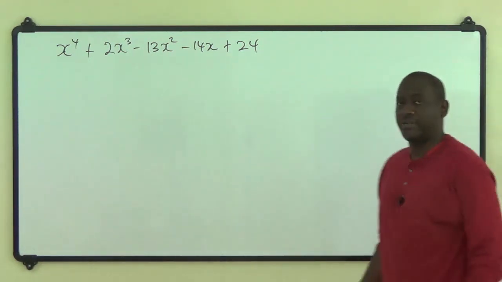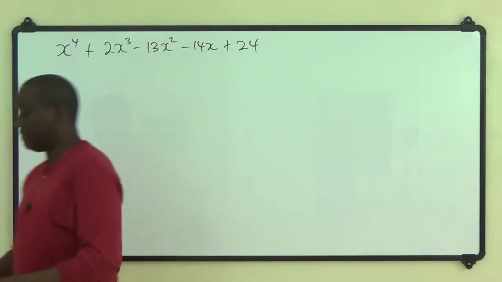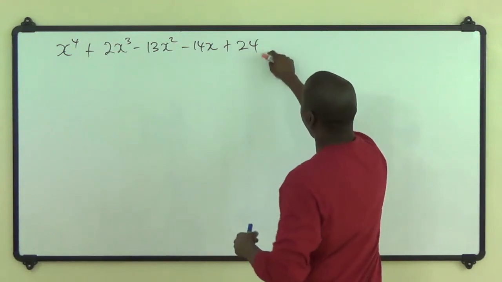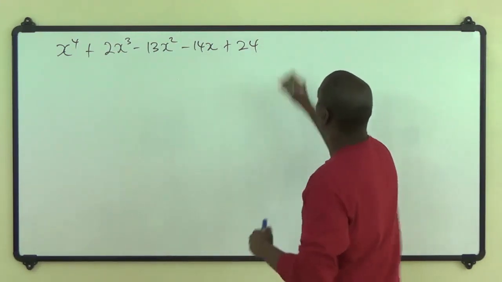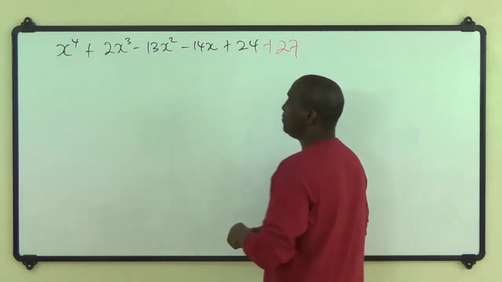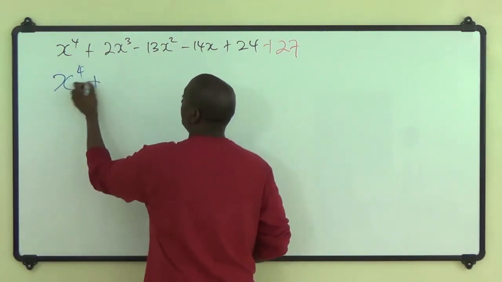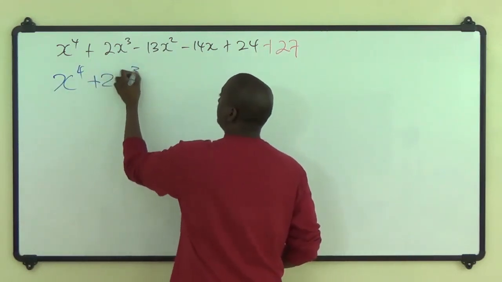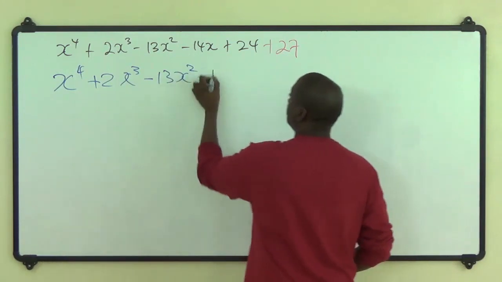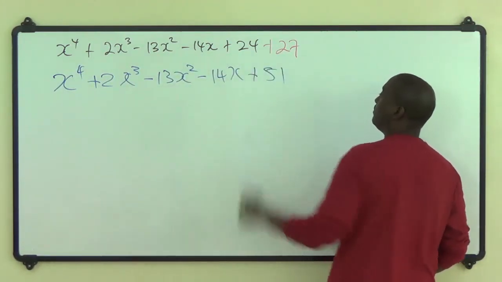Let me say 27. So we know that 24 plus 27 is 51. The new polynomial we have would be x to the power of 4 plus 2x cubed minus 13x squared minus 14x plus 51.